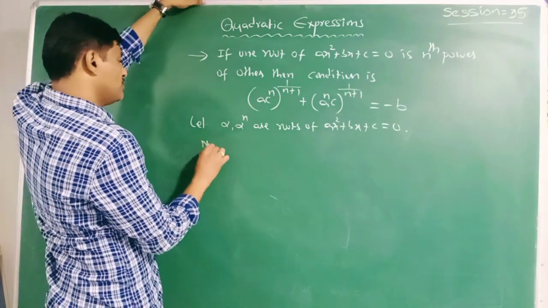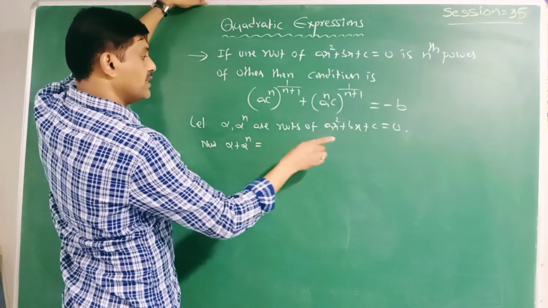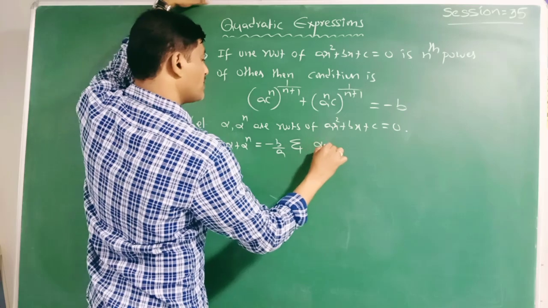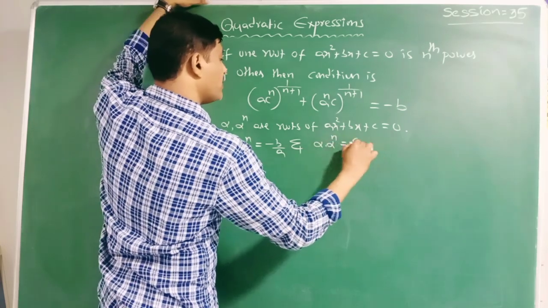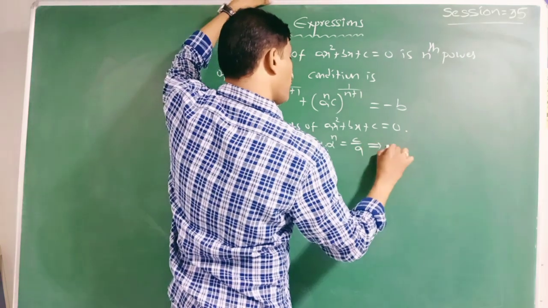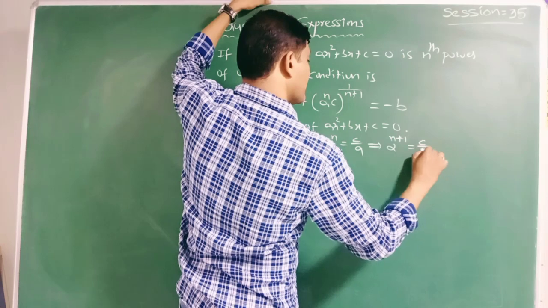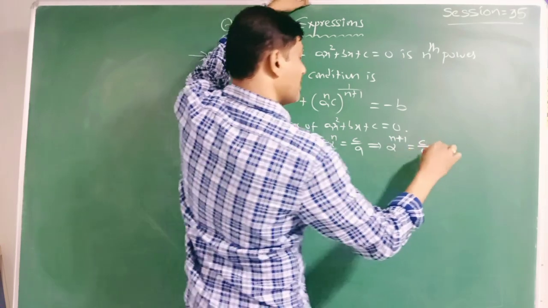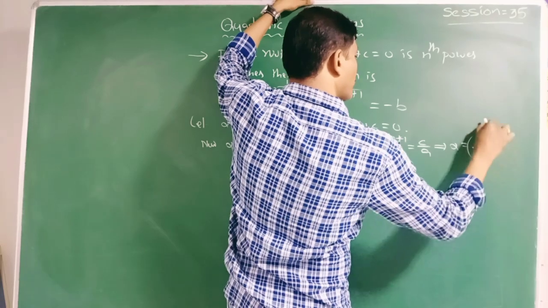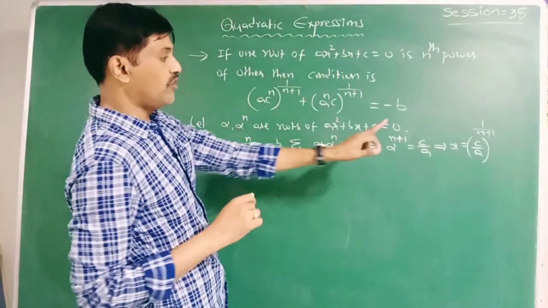Now the sum of the roots, alpha plus alpha power n, is equal to minus b by a, and the product alpha into alpha power n is equal to c by a. From this, alpha power n plus 1 is equal to c by a, that implies alpha is equal to (c by a) whole power 1 by n plus 1. Now we have alpha.